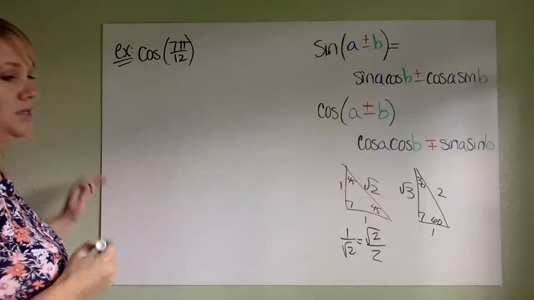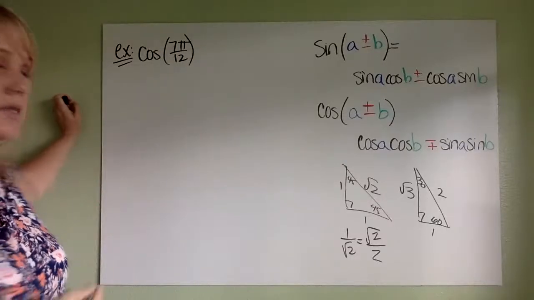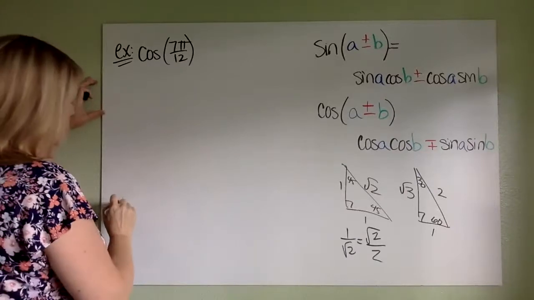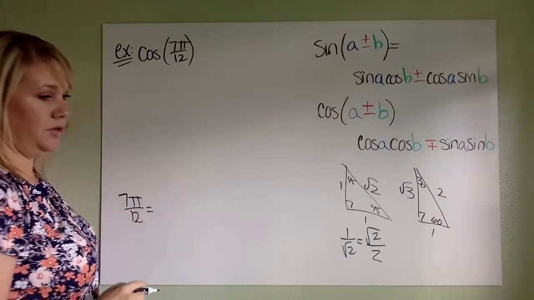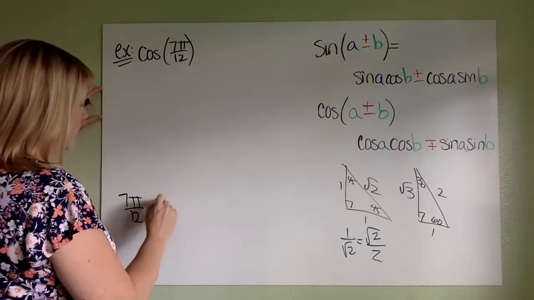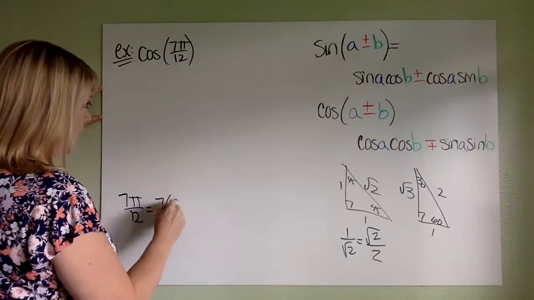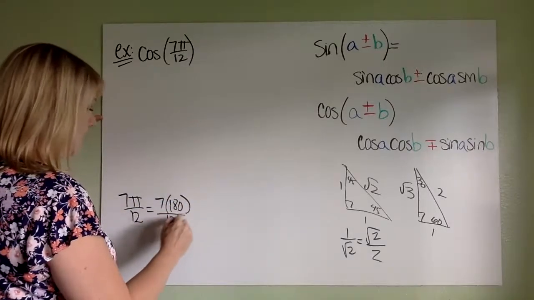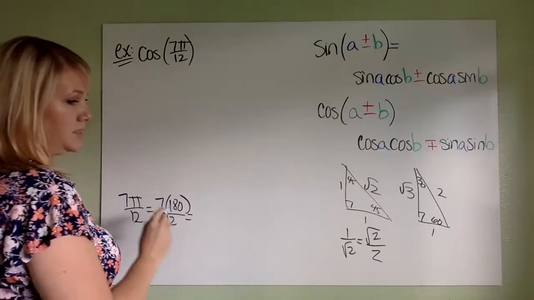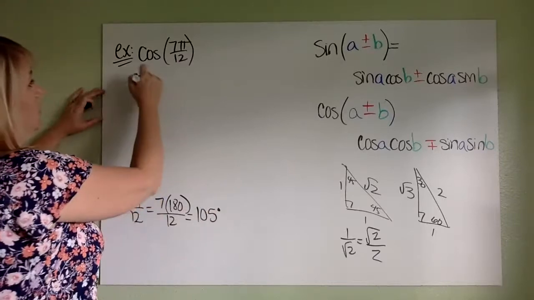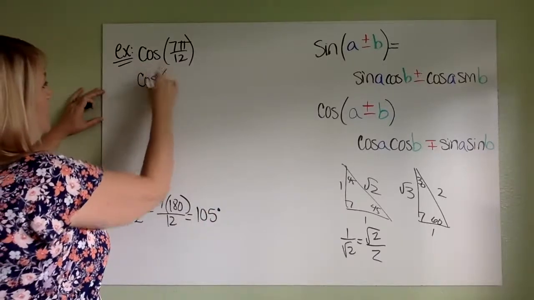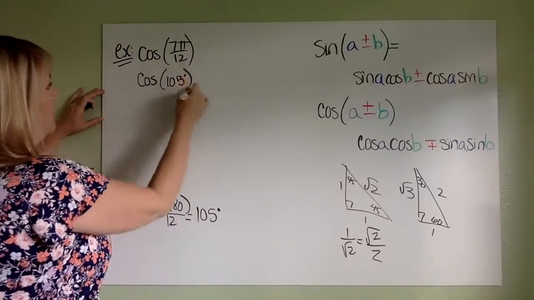Now, 7 pi over 12 is an angle in radians and not degrees. So what does 7 pi over 12 equal in degrees? If you substitute 180 in for pi, you get 105 degrees. So I'm looking for the cosine of 105 degrees.